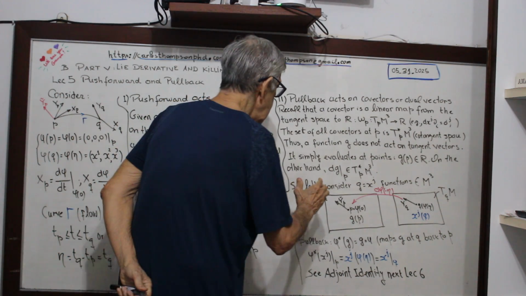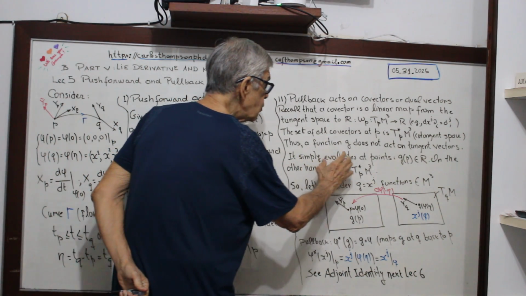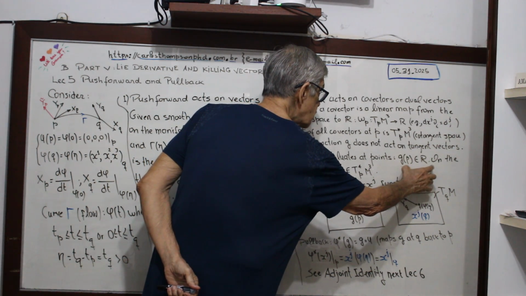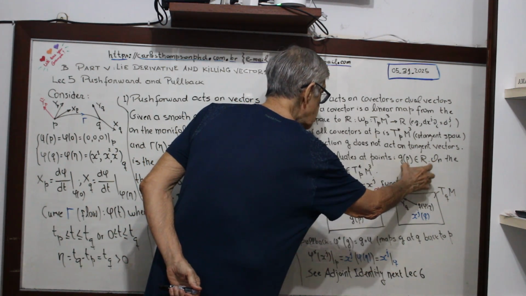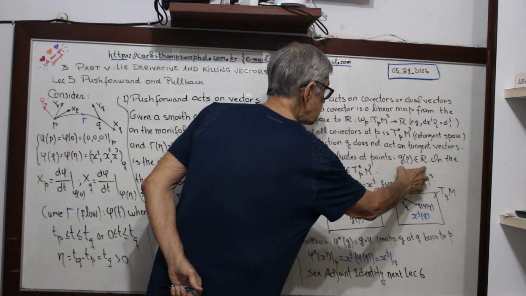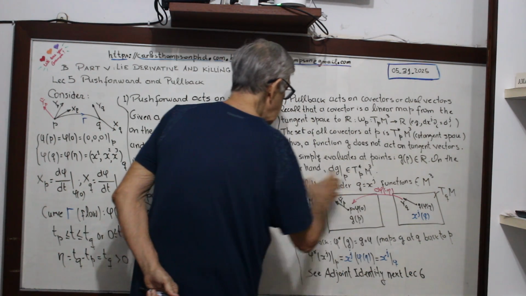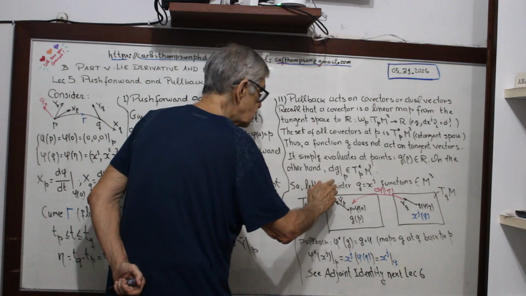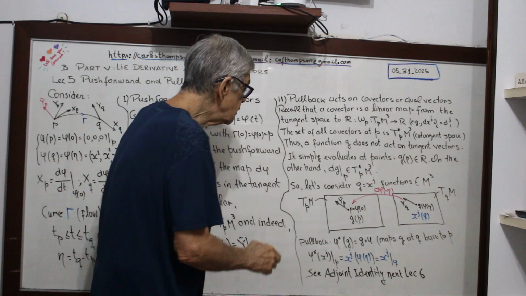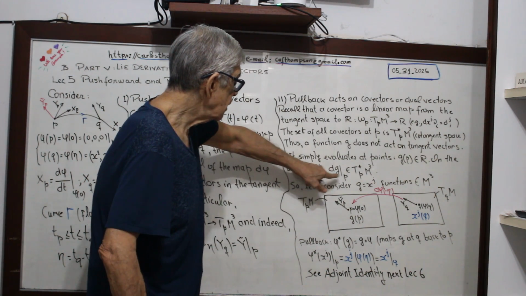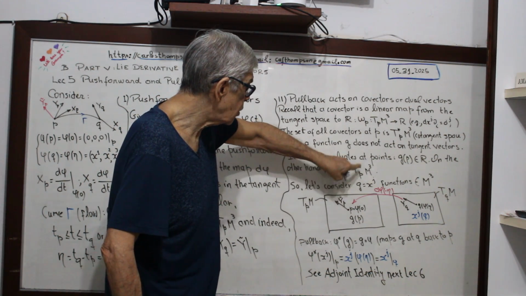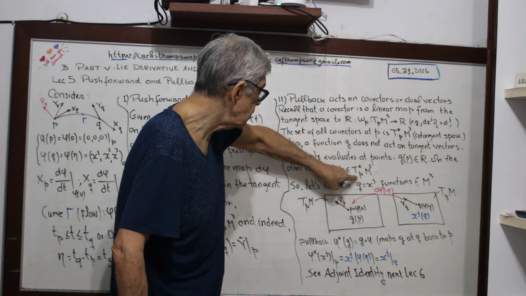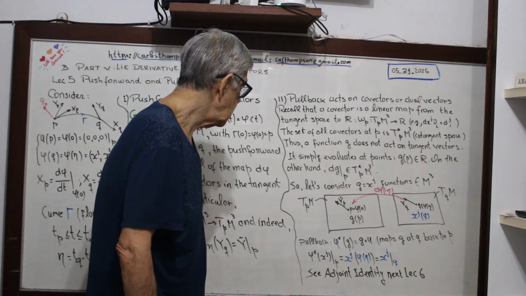It simply evaluates at points. g of p is a scalar function, it belongs to R. On the other hand, in general, d of g is a covector, and it belongs to the cotangent space, this asterisk over here, on M3.